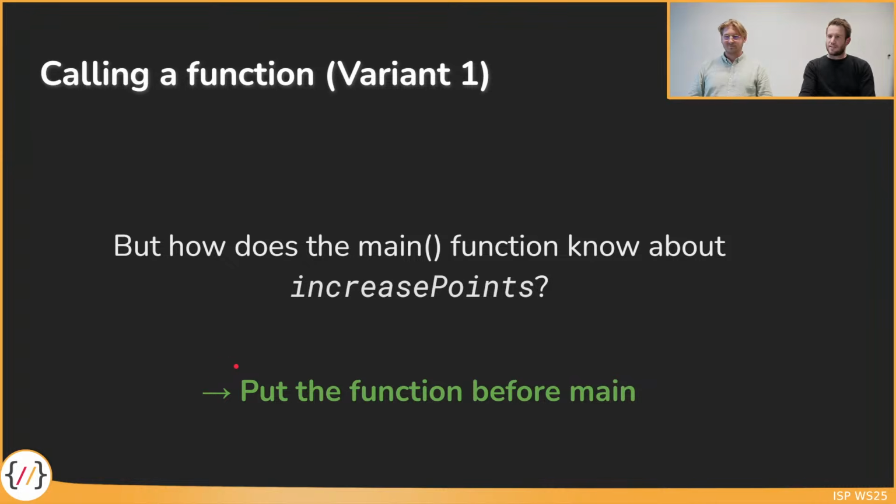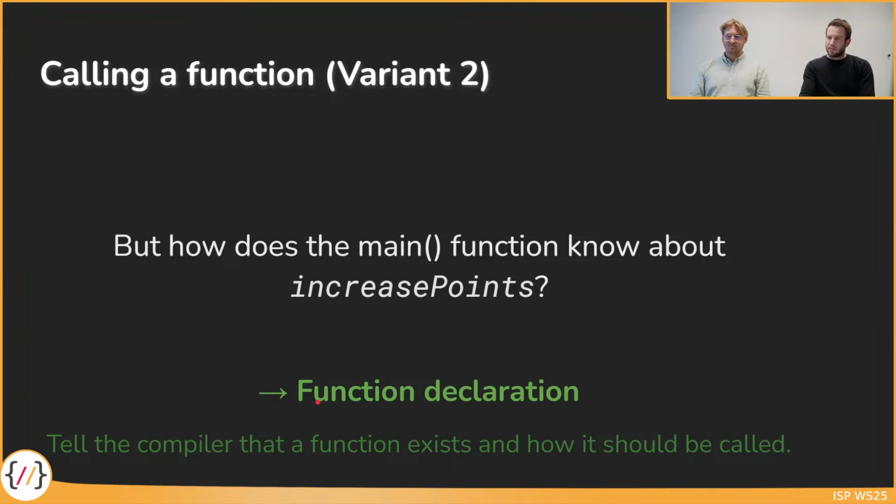The first one is that we put the function before the main. Then when it comes to the main, the compiler already knows there is this function increase points implemented before the main. Or the second variant is that we use function declarations, meaning that we just tell the compiler that a function of this name exists and it's implemented somewhere.